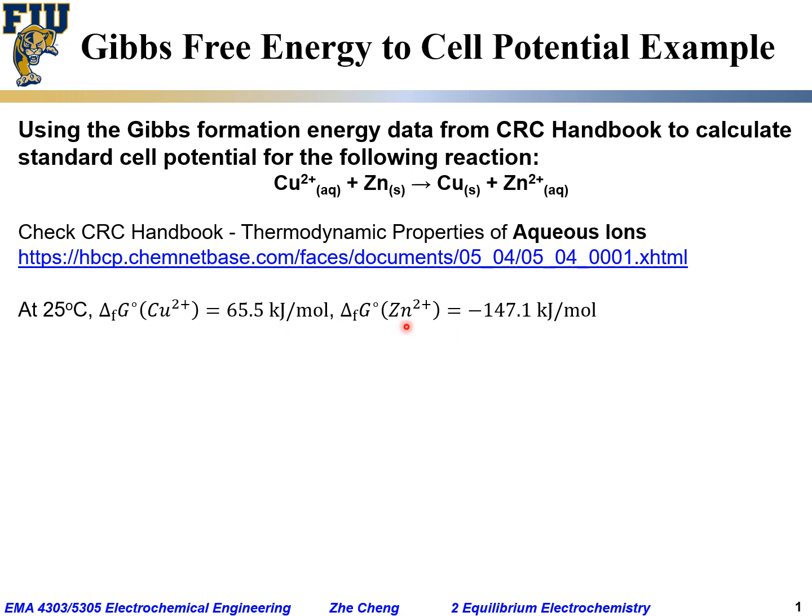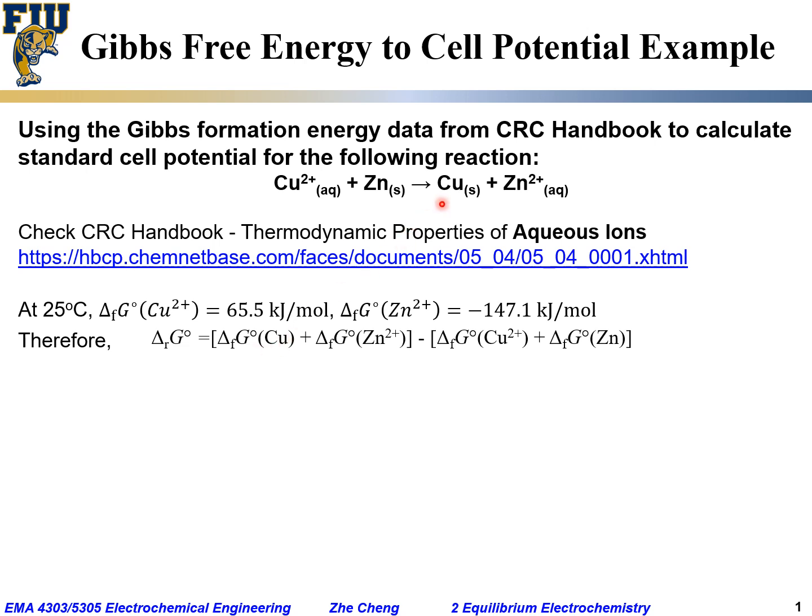With this information from the CRC Handbook online resource, now let's calculate the reaction Gibbs free energy change. R again for reaction, Gibbs free energy, delta for change, 0 for standard state, would be, if you remember, the summation of products' Gibbs formation energy minus reactants' Gibbs formation energy.